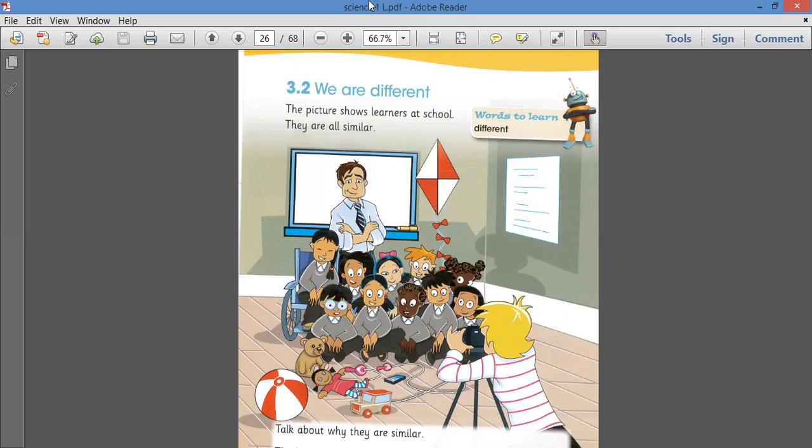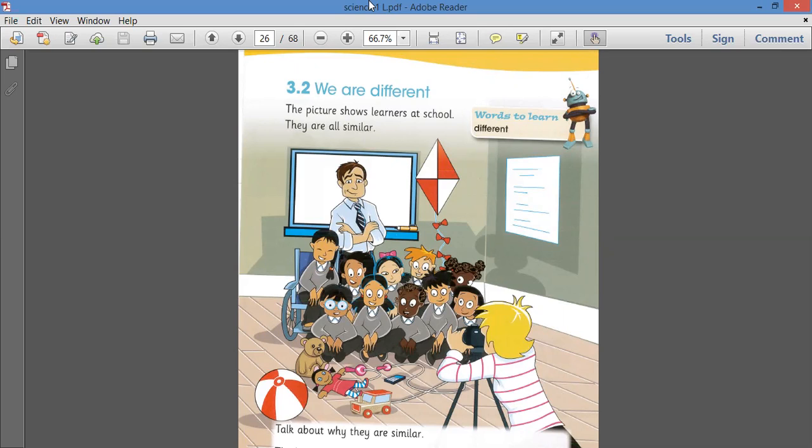What is the meaning of different? Something that is not the same. Something that is not the same is called different.